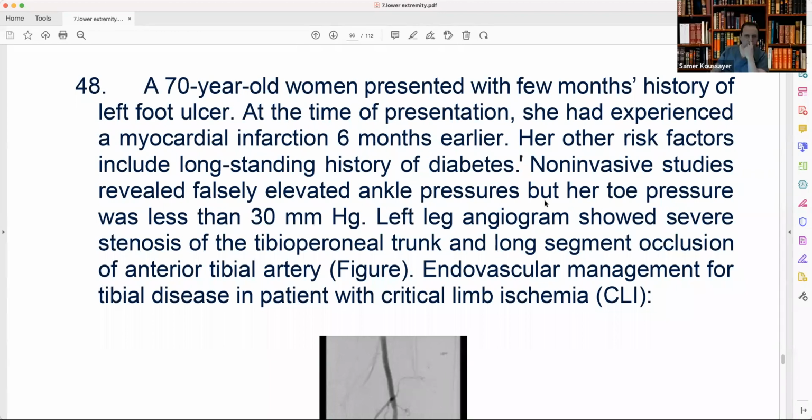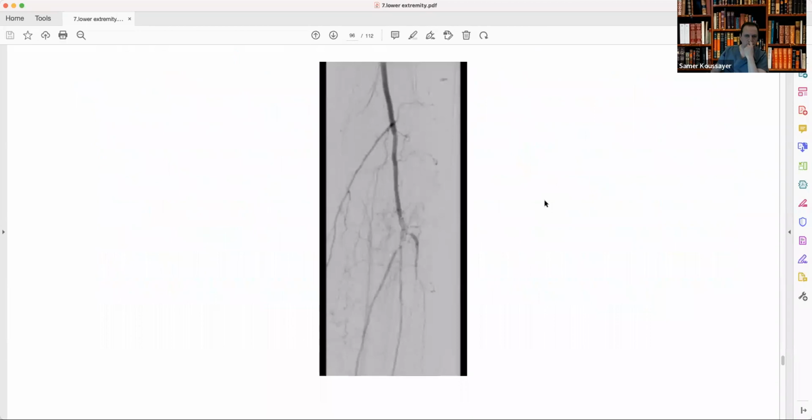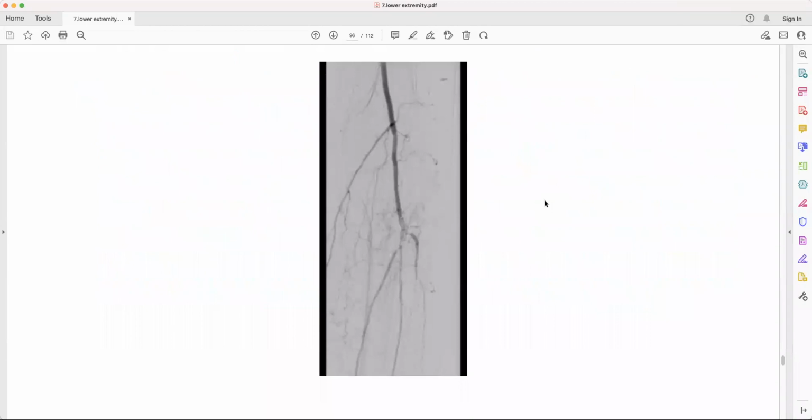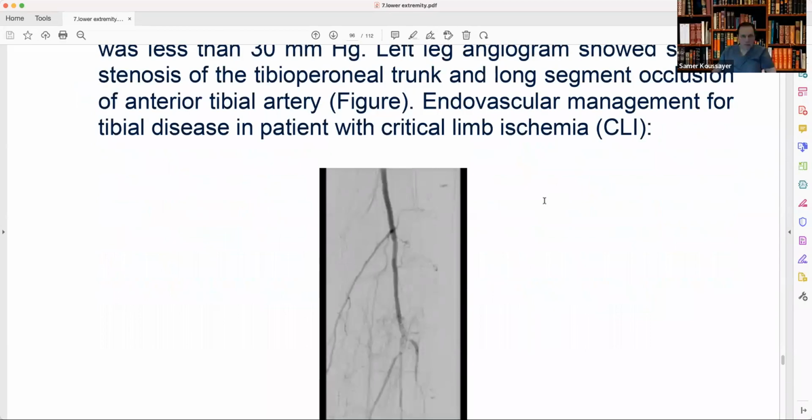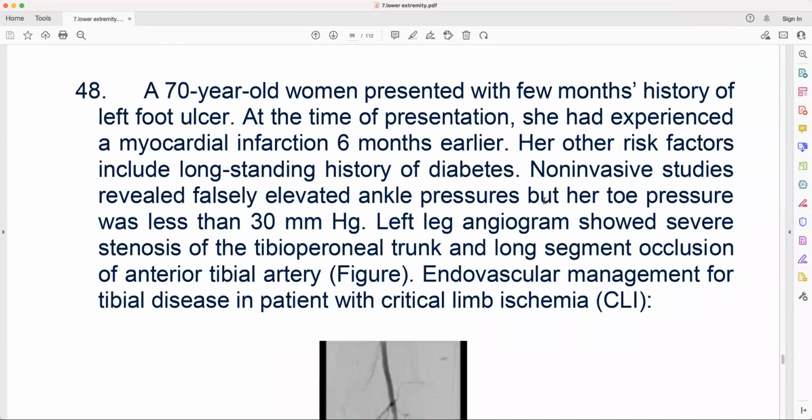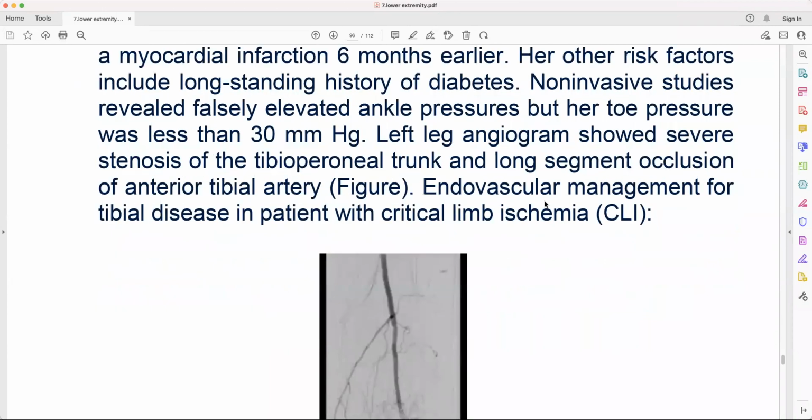Okay, before we go, you see the picture here? This is an old lady presented with tissue loss with below knee disease mainly. She had trifurcation disease and the anterior tibial is gone.